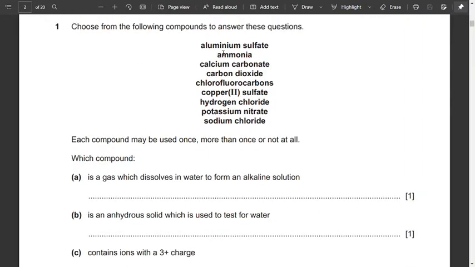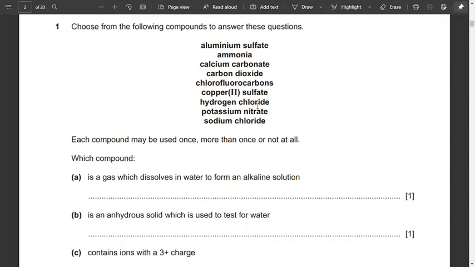Now part C says it contains an ion with a 3+ charge. We have a list of compounds, and we need to find a compound which has a 3+ charge in it. Sodium chloride, NaCl, has a +1 charge. Potassium again does not have +3.